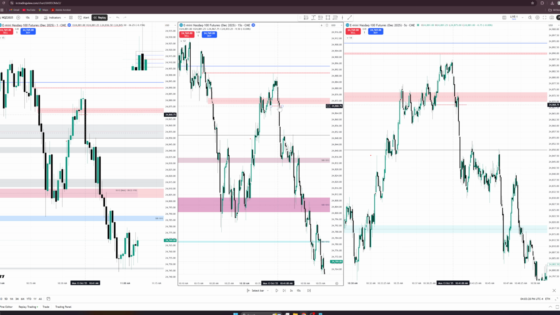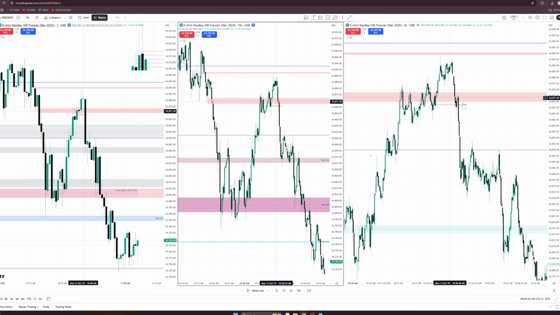Once we pierce the opening of this series of up close candles, we have a confirmation that we have a shift in market structure. Or if you go to the 5-second chart, once this swing low was taken out here, we can confirm that we have a shift in market structure. On the next candle, you can see the wick just went up and started breaking down.